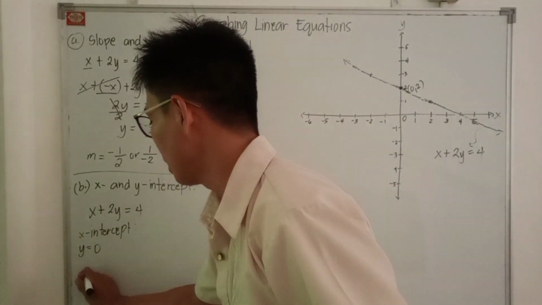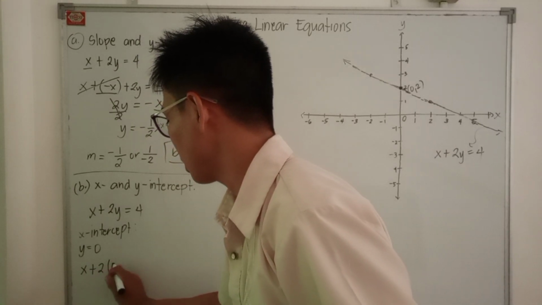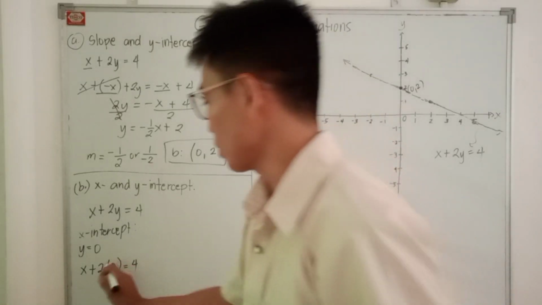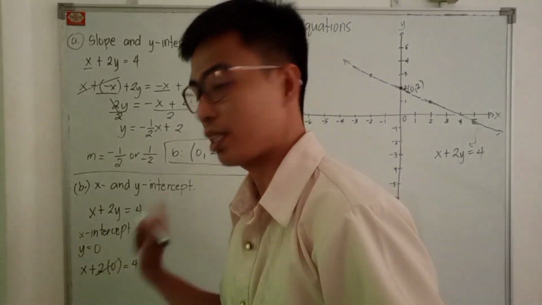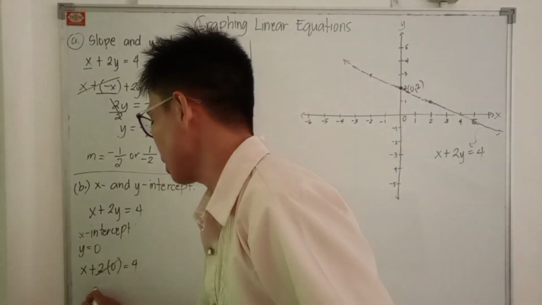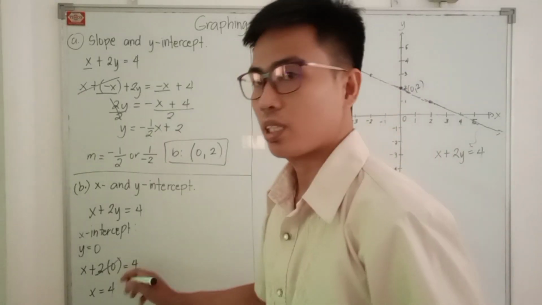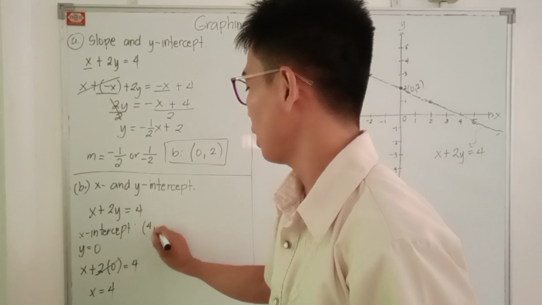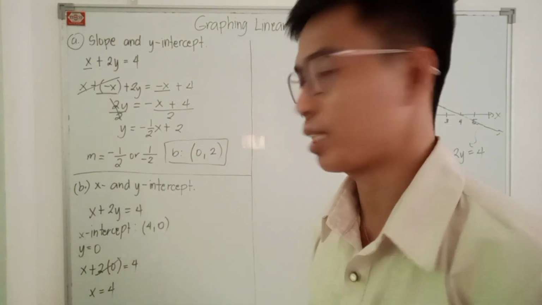So, we have x plus 2 times 0 equals 4. So, cancel na yung 2 times 0, the answer in that given is 0. So, cancel na natin. Ang matitira is x equals 4. So that means our x-intercept is 4, 0. And that is for our x-intercept.